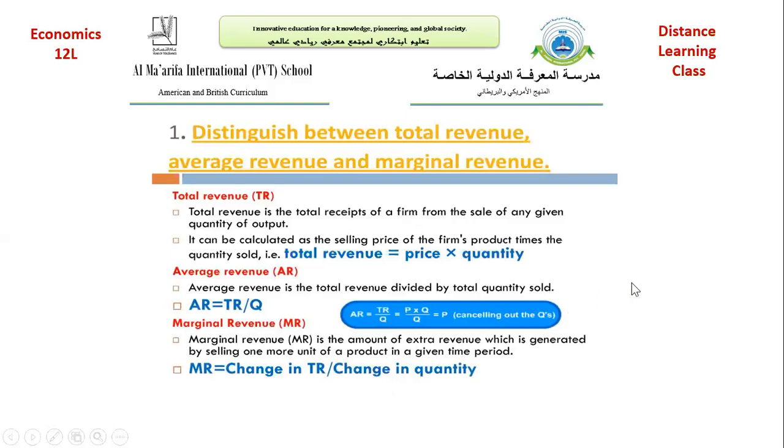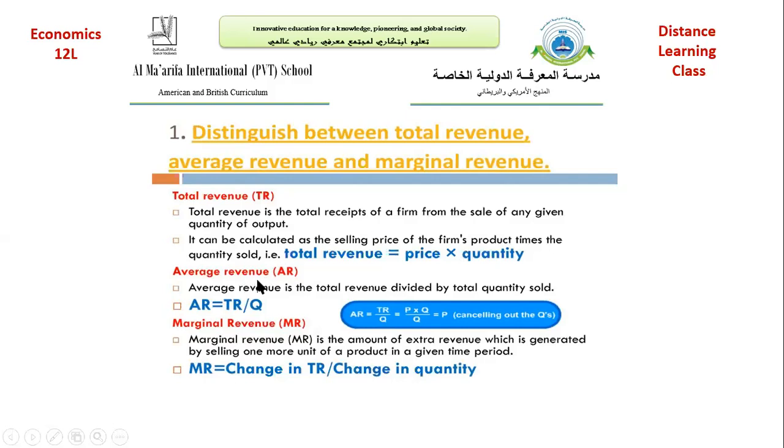And here, distinguish between total revenue, average revenue, and marginal revenue. Again, we're revising what total revenue means. It's the total receipts of all firms from the sale of any given quantity of output. It can be calculated as the selling price of the firm's product times the quantity sold. Total revenue equals price times quantity.